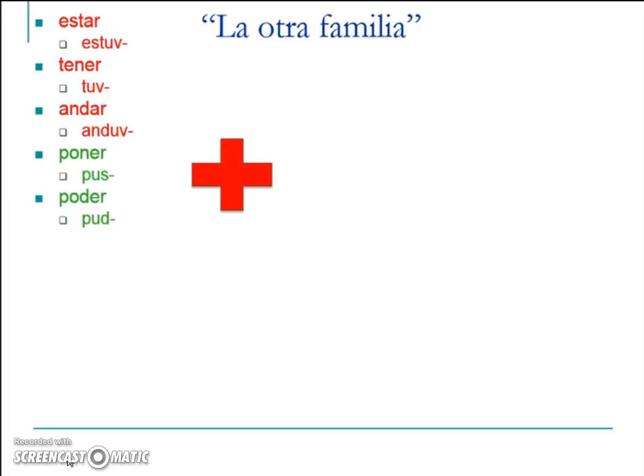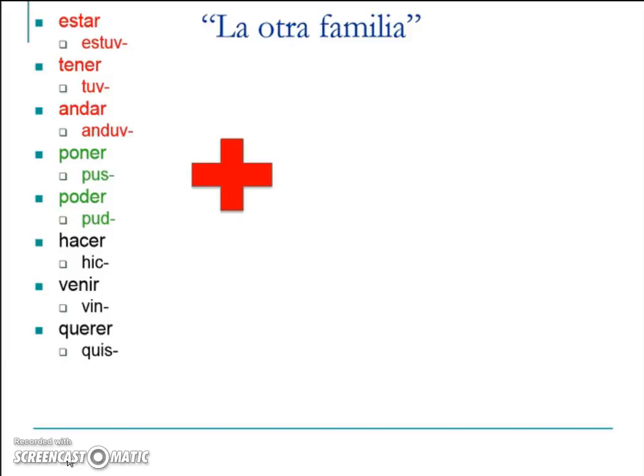The next two that I grouped together are the ones that have U's in them. So poner is pus and poder is pud. These three I grouped together because they all have I's in their stems. Okay, so we have hacer, venir, and querer. Hacer, the stem is hic, venir is vin, and querer is quis.